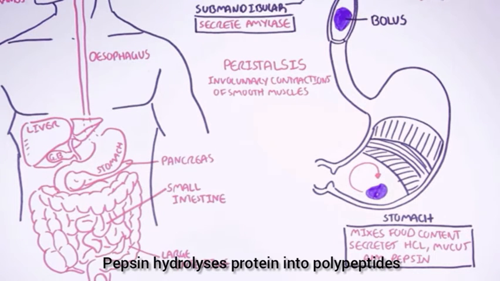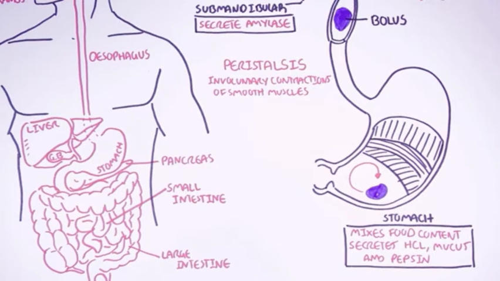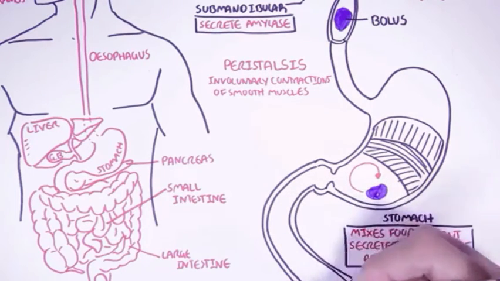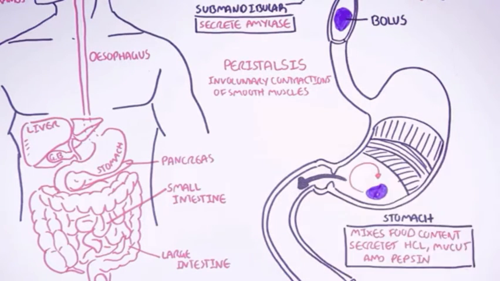The stomach cells also secrete mucus that helps protect the lining of the stomach, as well as pepsin that begins protein digestion. The vigorous contraction of stomach muscles and the stomach secretions results in the liquefaction of the food, which is then slowly released into the small intestine.